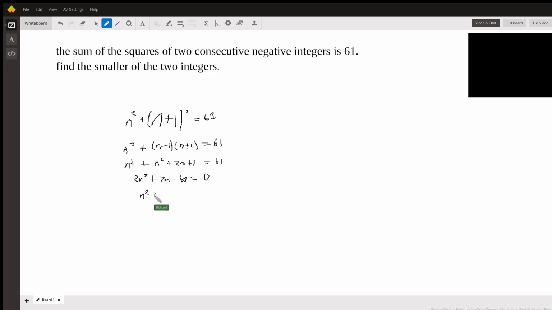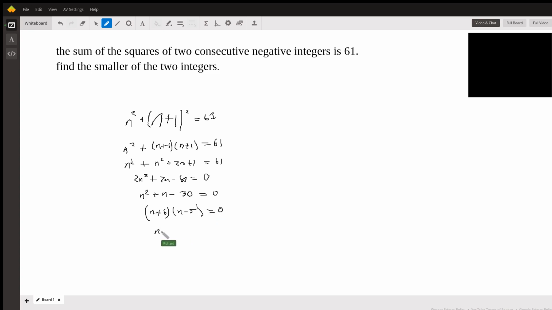n squared plus n minus 30 equals 0. That factors into n plus 6 and n minus 5 equals 0.